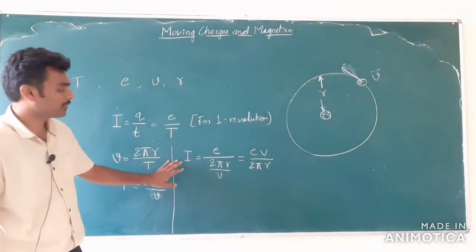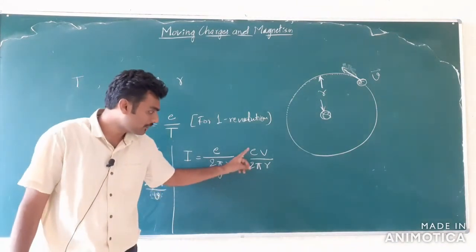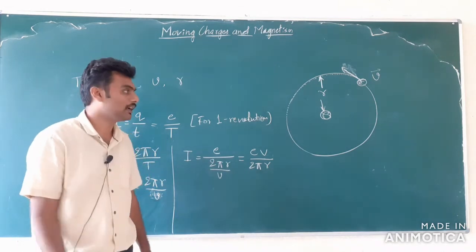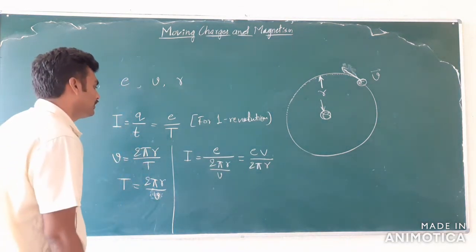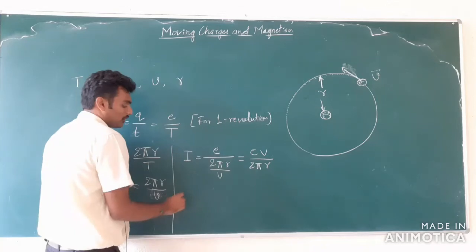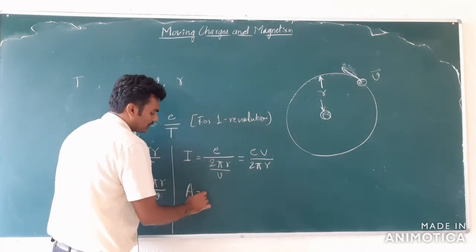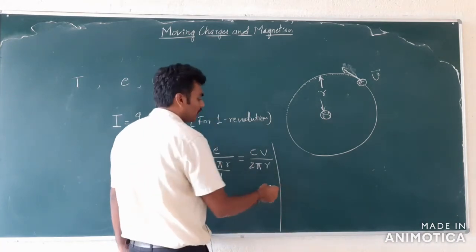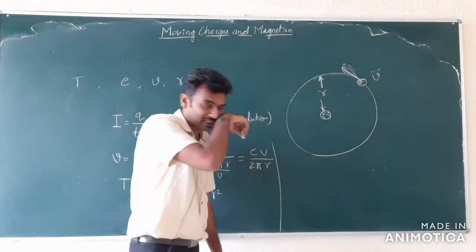So now we have the expression for current expressed in terms of charge, velocity and radius of the electron in its orbit. And further, one more important term is area, which is equal to pi r squared, and hence now I can get the expression for magnetic dipole moment.